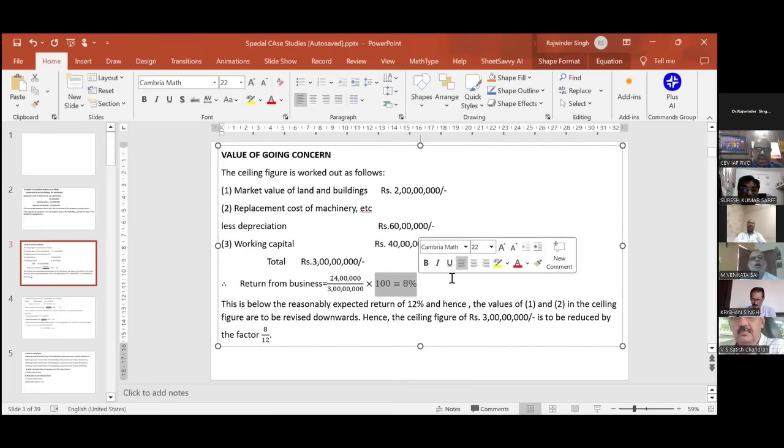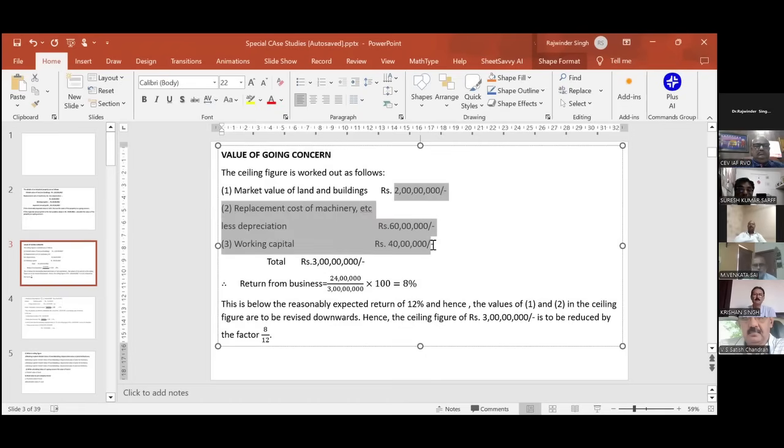So if the expected profit is 24 lakh, the return is 8%, it is not 12%. So we have to change these values so that the return becomes 12%.